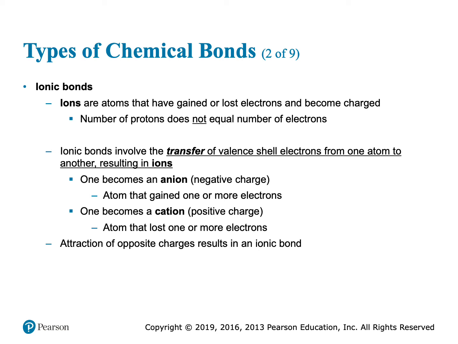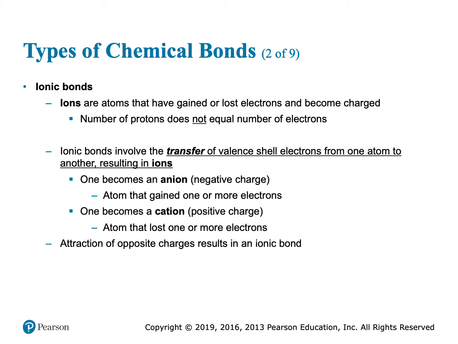So it's easier to gain 1 electron. An electron is negatively charged. So you often see chloride written as Cl negative because he gained 1 electron. And why don't we write 1 negative?